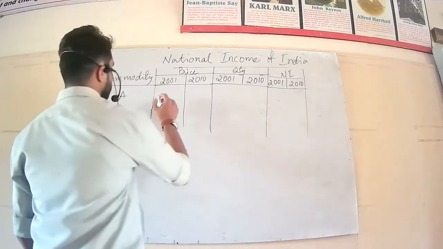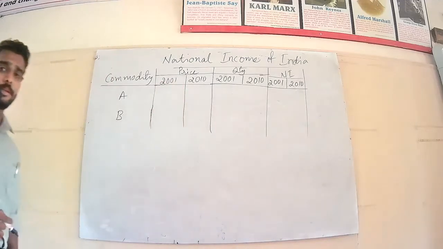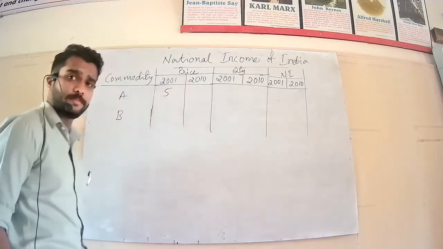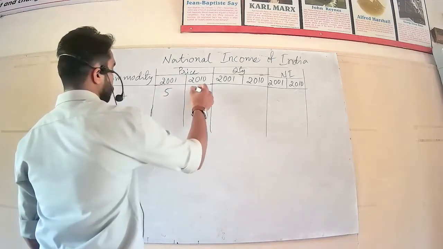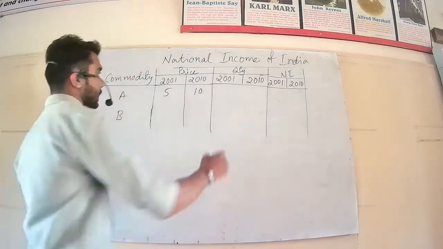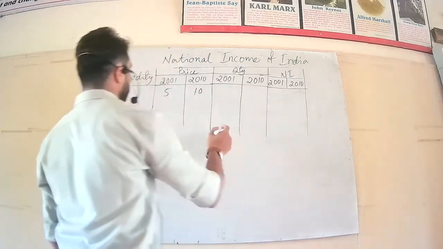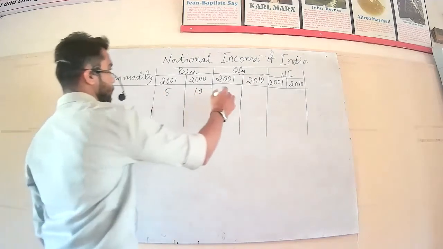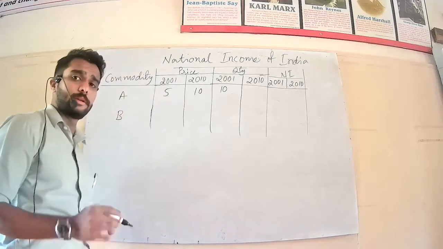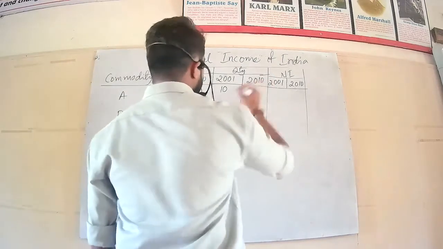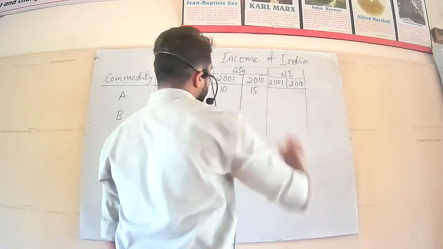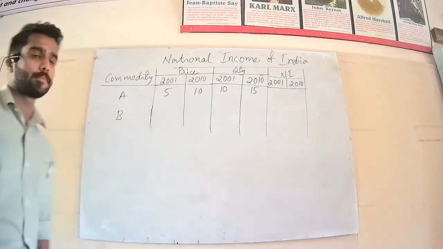Now let's say, for example, in the year 2001 the price of commodity A was 5 rupees and it increased to 10 rupees in the year 2010. The quantity of production of commodity A was 10 units in 2001, and this increased to 15 in 2010.